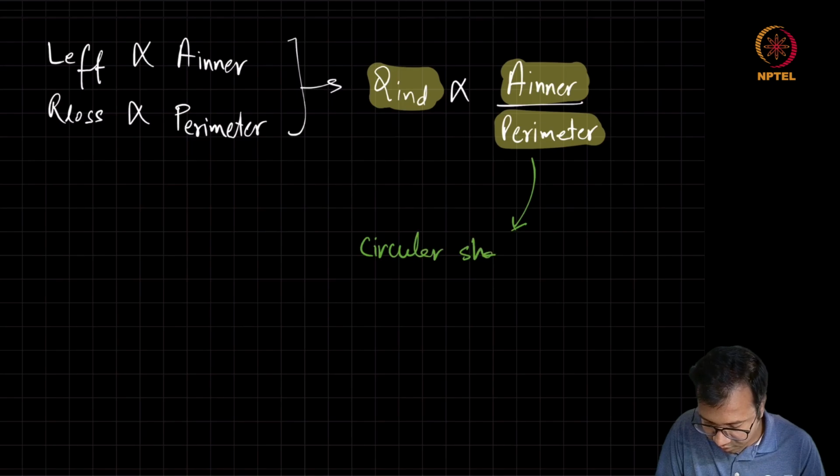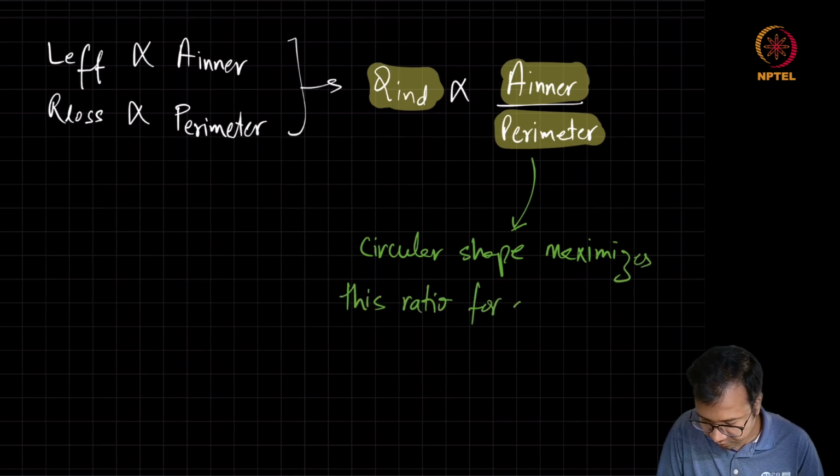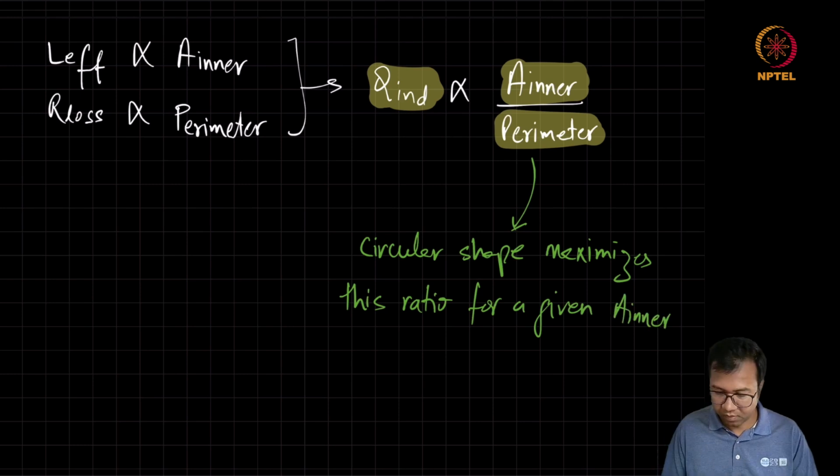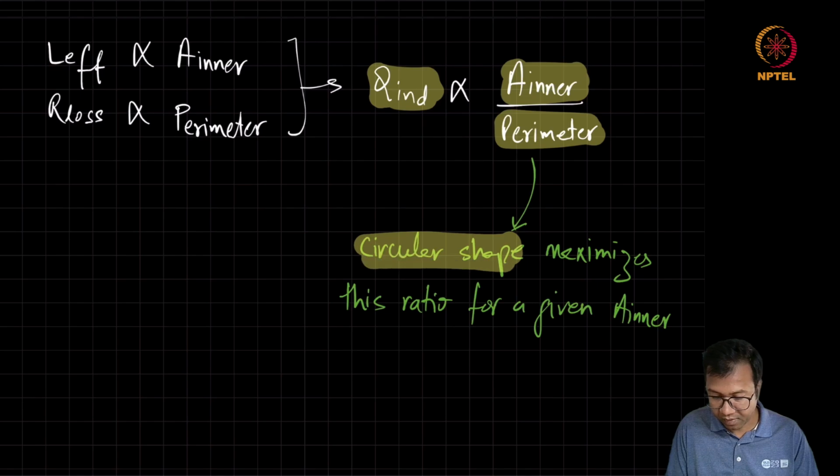Circular shape maximizes this ratio for the given A inner. So this is really important, and this can be a very good guideline for trying to design these kinds of inductors.